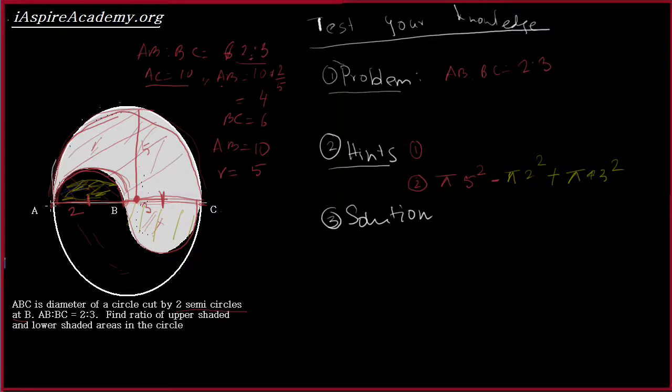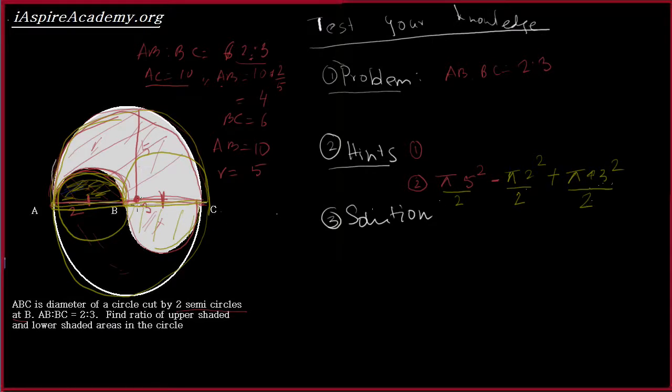So the upper white shaded part is the big semicircle, minus the smaller semicircle, plus the bigger semicircle. We take half of each, because pi 5 square is the entire circle, minus pi 2 square is the smaller circle, and pi 3 square by 2.